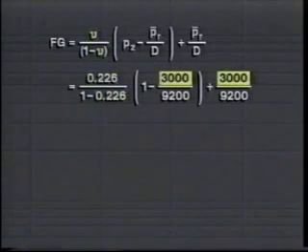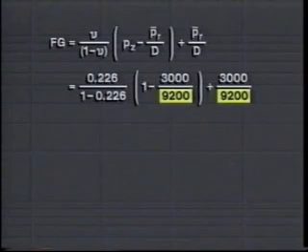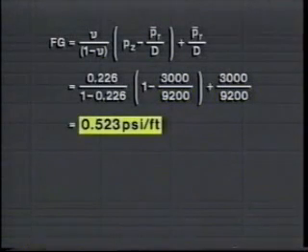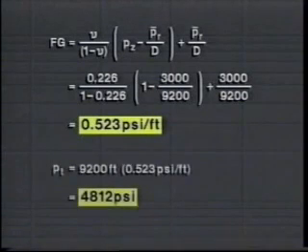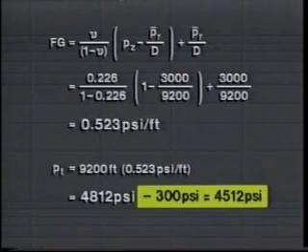Using this constant, the current reservoir pressure of 3,000 psi, and a well depth of 9,200 feet, we calculate the current fracture gradient to be 0.523 psi per foot. At this point, we can also determine that the bottom hole treating pressure should not exceed 4,812 psi. A safety factor of 300 psi will be used to mitigate the uncertainty of this calculation.